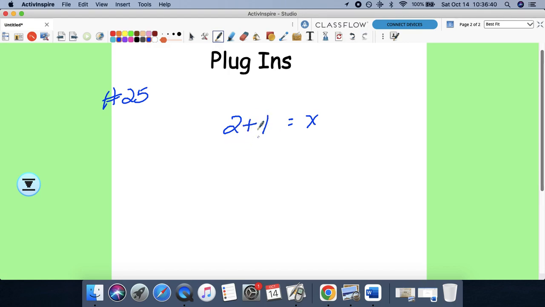The sum of two numbers that differ by 1 is equal to x. So in terms of x, what is the value of the greater of the two numbers? Well, this is the greater of the two numbers.